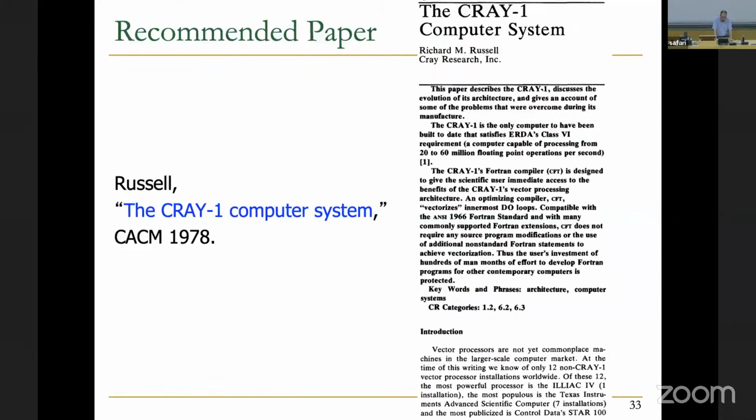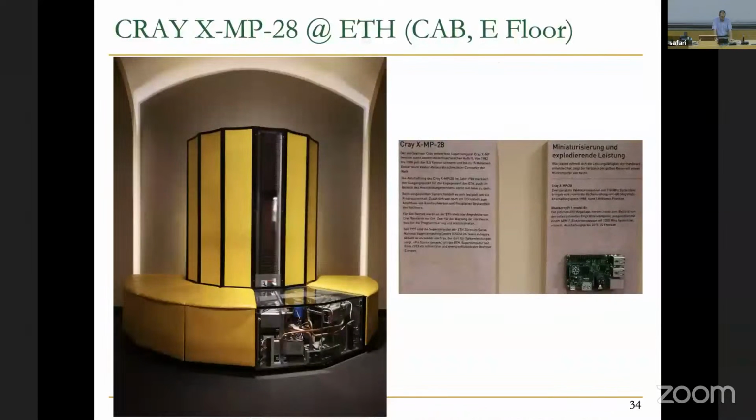This is the paper from the Cray-1. If you're interested, you can read it. The terminology is a bit old because the paper was written in 1978, but it's quite interesting. And this is the picture that I promised you, the Cray XMP, which we actually have in the CAB E floor. So next time you can be more careful and look at it.